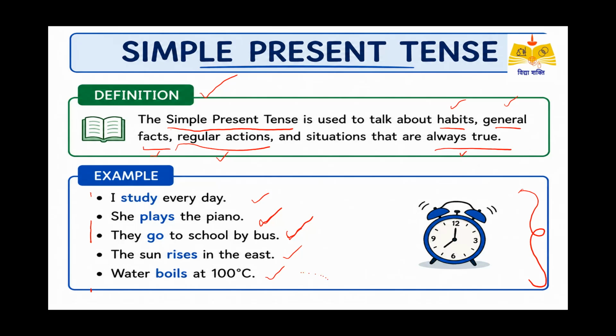Yes, this is true. When you boil water, ఒక beaker లో వాటర్ పెట్టుకొని బాయిల్ చేసి స్టార్ట్ చేశాక 100 degrees centigrade వచ్చాక it will start boiling. This is also true. So all this general habits, universal facts are simple present tense.